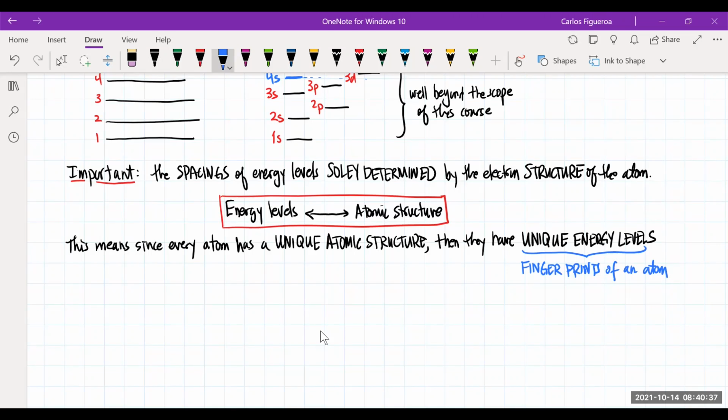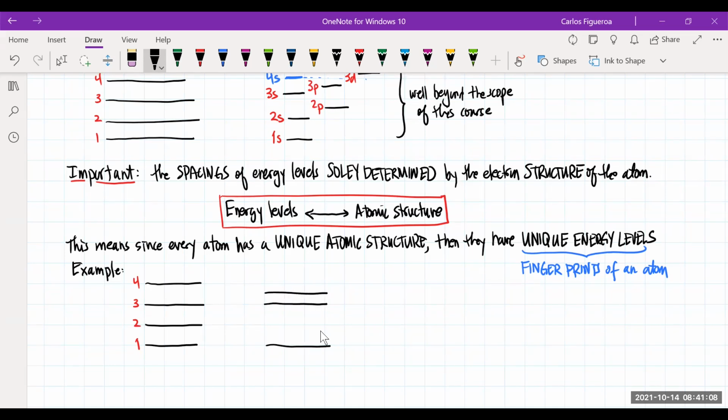So let me give you an example. It goes something like this. Let's say that I have a structure like this. So this is 4, 3, 2, 1. And then I have a different structure. Let's say that this structure looks like this, and then it goes like this, and then it goes like that.